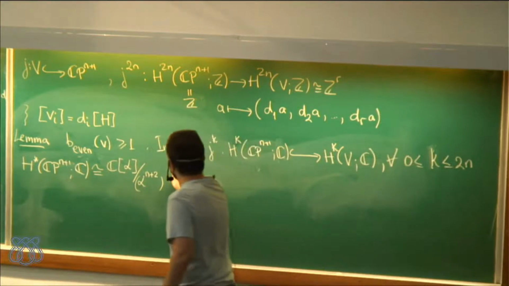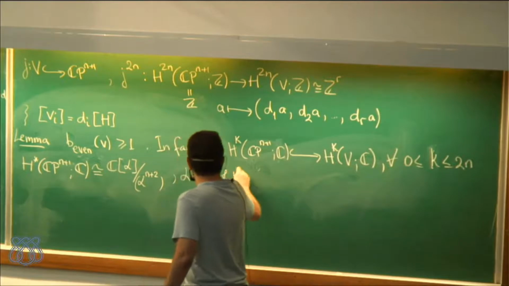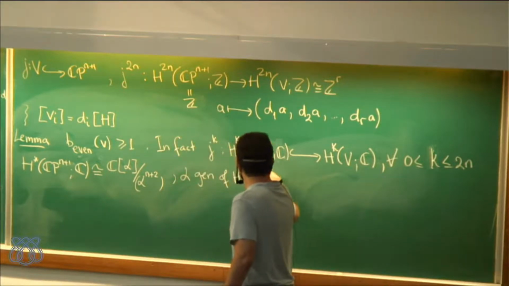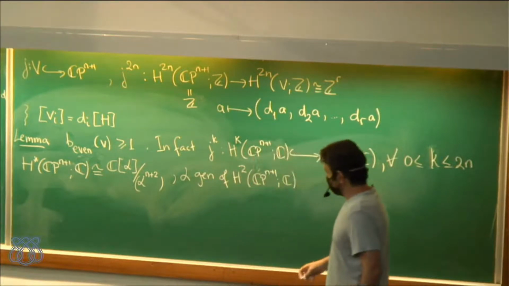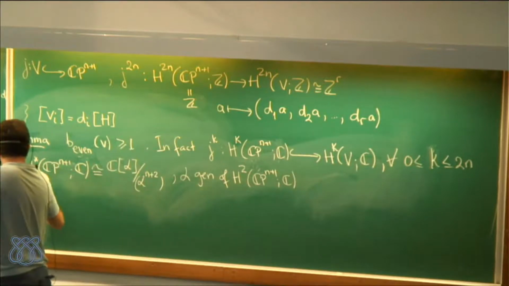So alpha is a generator of H2 of CP^(m+1). And from now on I'm going to use this notation.